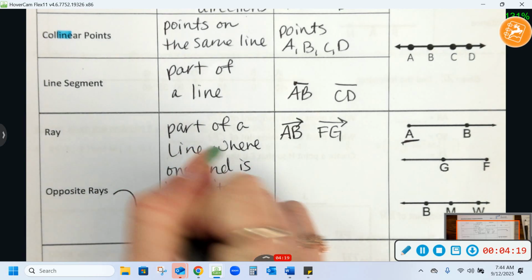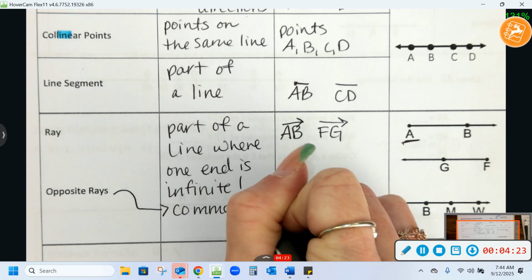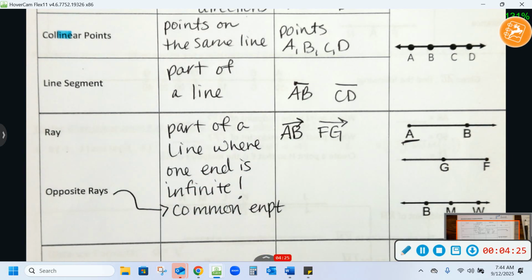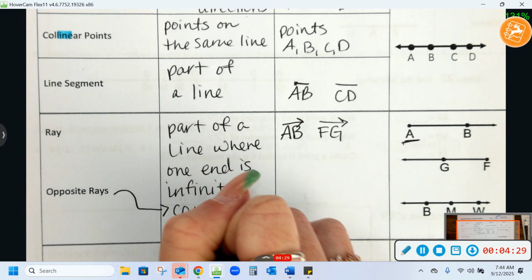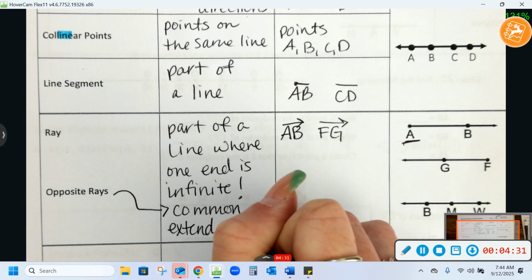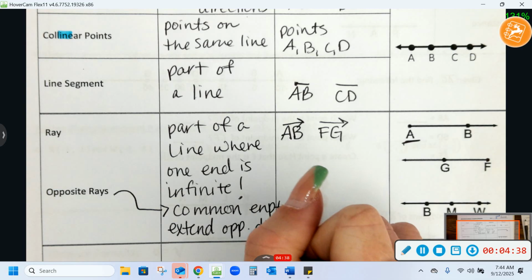All right, opposite rays. So I'll go down here for opposite rays. They have a common endpoint, and they extend in opposite directions. If I abbreviate anything and you don't know what it means, please ask. So ENPT is how I abbreviate endpoint.